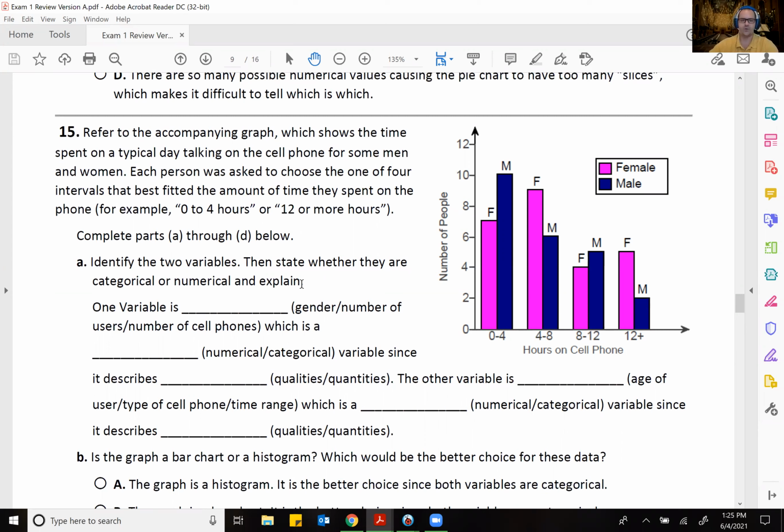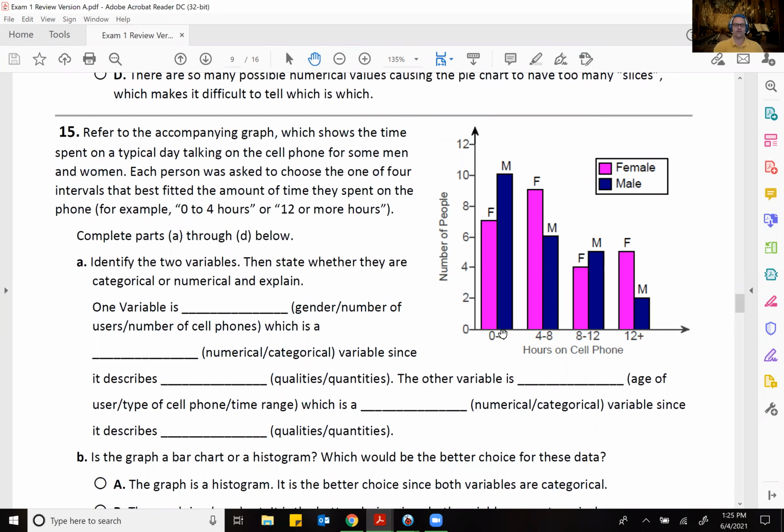All right, multiple part question. It says refer to the accompanying graph, which shows the time spent on a typical day talking on the cell phone for some men and women. Each person was asked to choose one of 4 intervals that best fit the amount of time they spent on the phone.